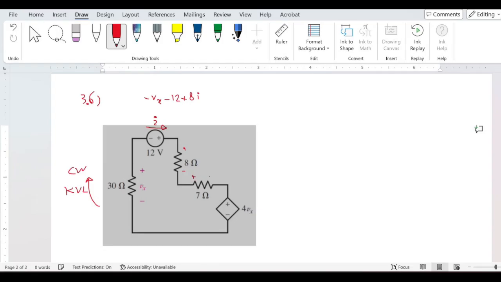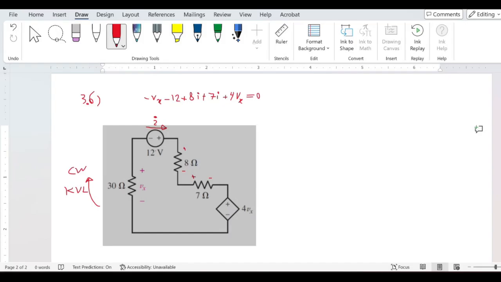And also positive 7I. And when I reach the dependent power source, it enters with the positive terminal. So that's going to be plus 4Vx equals to 0.